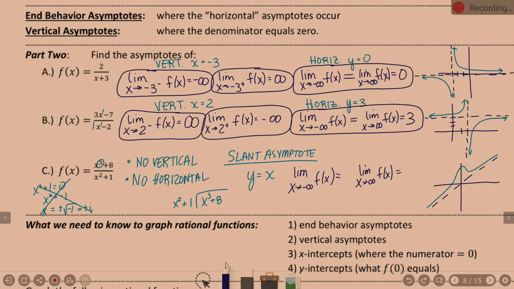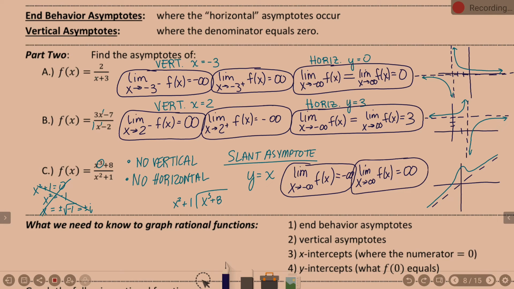As x approaches negative infinity, that means as my graph goes to the left. As we go farther left, where am I going? Down. So we're going to negative infinity. As we approach positive infinity, as my graph moves to the right, it's going up to positive infinity.